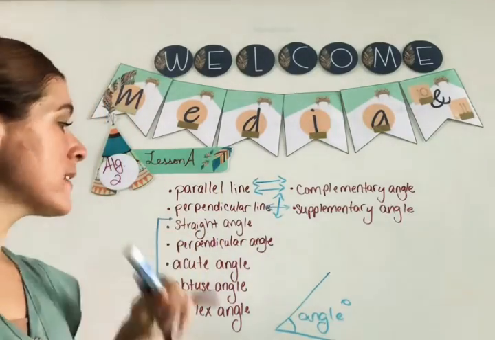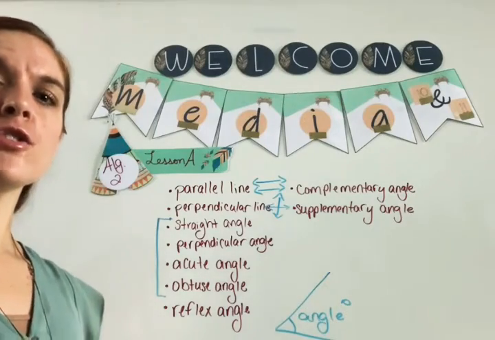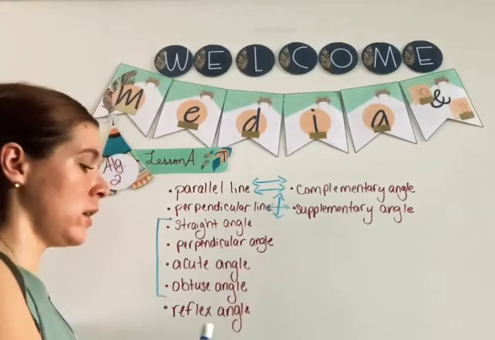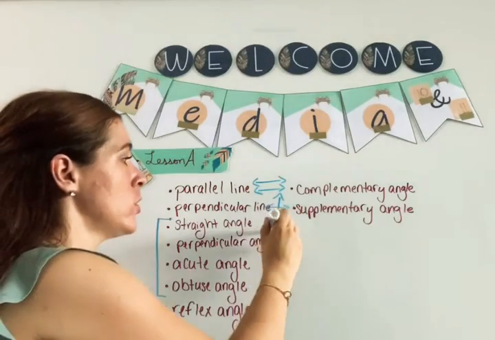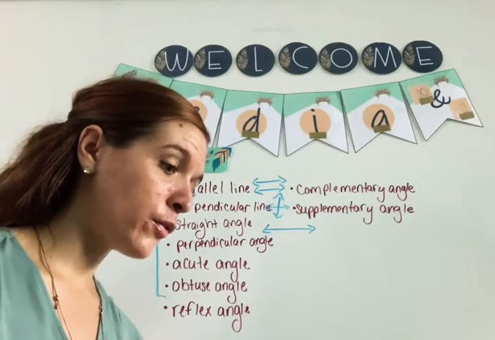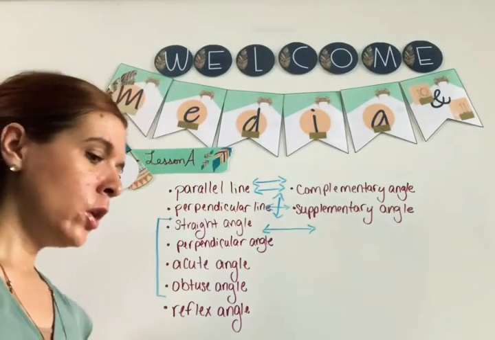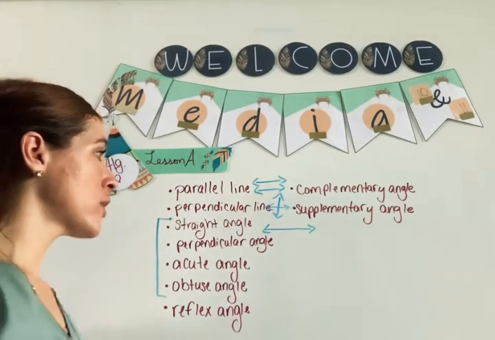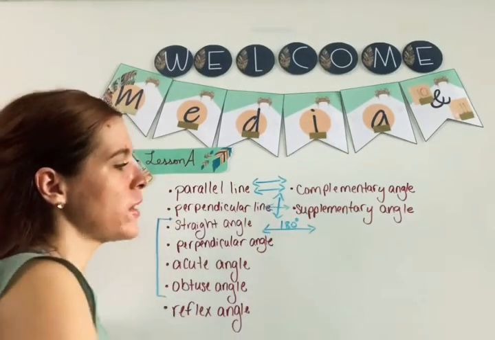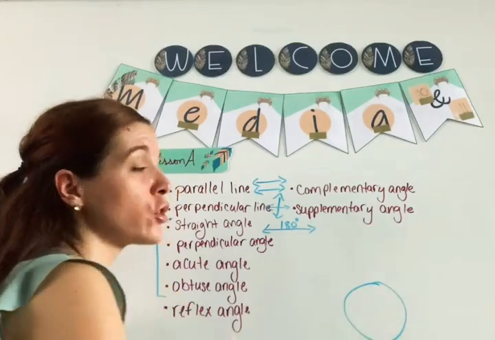Okay, so what is a straight angle? A straight angle is a straight line. You might want to be writing these in your book. It's on page number 4 that we're on right now, because you might want to know that a straight angle has 180 degrees. The best way to know that it has 180 degrees is to think of a circle.